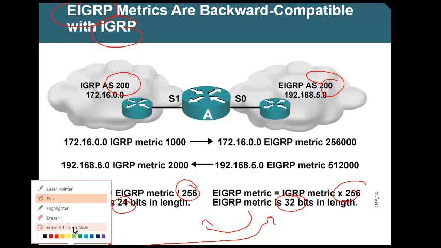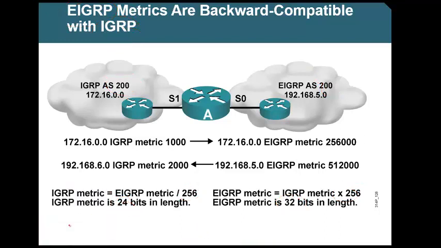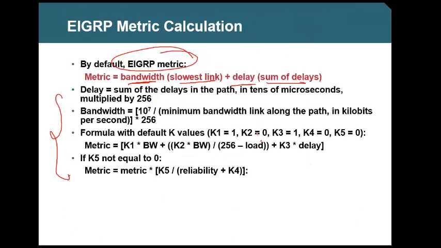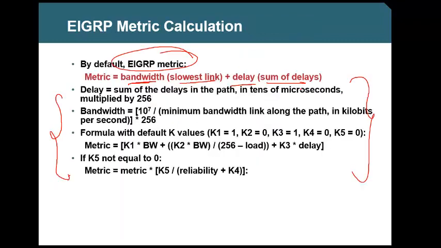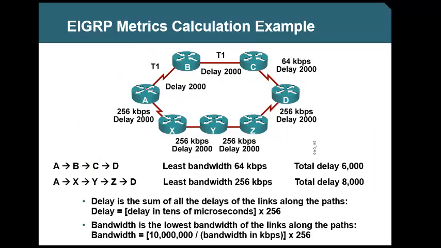So, next. This page we are going to cover again tomorrow in detail. That's why I just jumped this page. This page has got something to do with this page. See, the metric of EIGRP is slowest link bandwidth plus sum of delay. If you see this picture here, for A to reach D, in this direction, the slowest link is this one, 64 kilobits, whereas this one is 1500 kilobits.